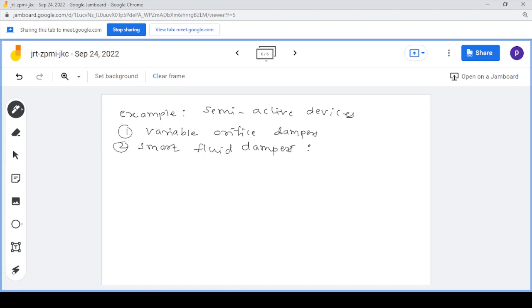These are also known as magnetorheological fluid dampers, also abbreviated as MR dampers. These both are widely used as semi-active force generators.